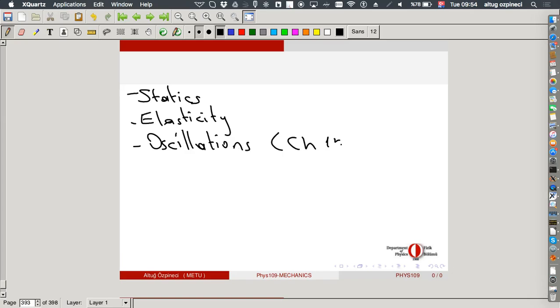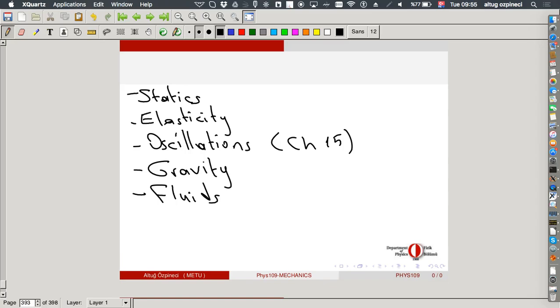This is chapter 15. We will probably spend some time on Thursday and next Tuesday on oscillations, and then we will move to gravity. And the last week, if we have any time, we will be looking at fluids. So these will be the topics that we will be following.